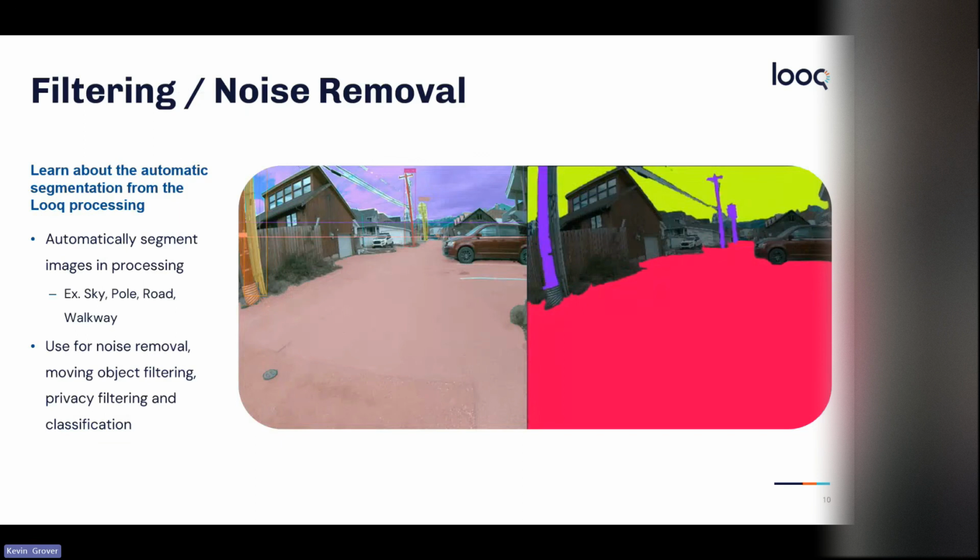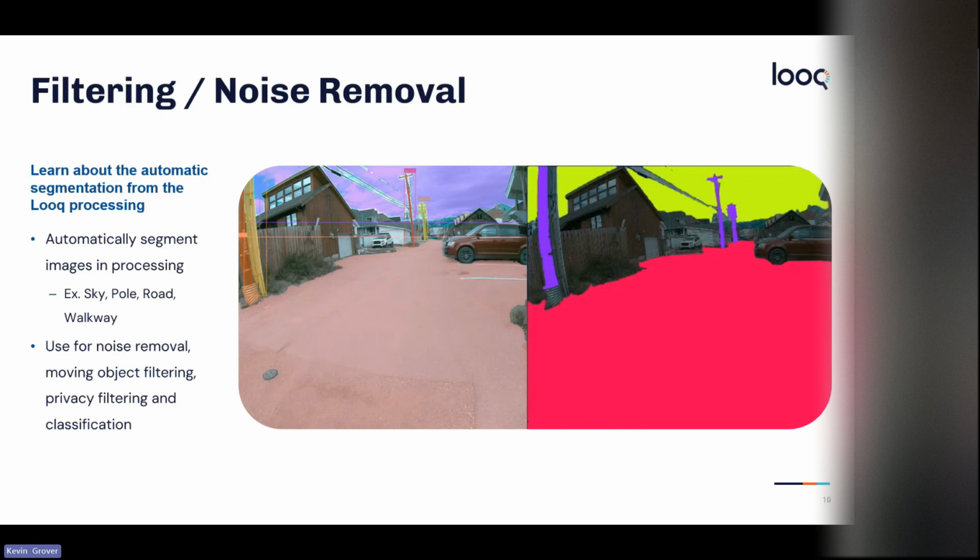What we look at doing is actually segmenting the imagery, which is really one of the powerful things that we do from the image processing piece. So we automatically segment here. This example on the right-hand side is us segmenting sky, poles, roads, walkways. This is what we use for the classification.